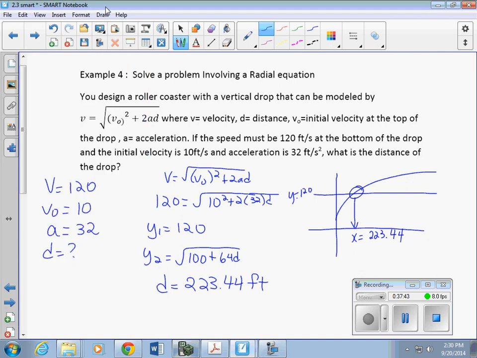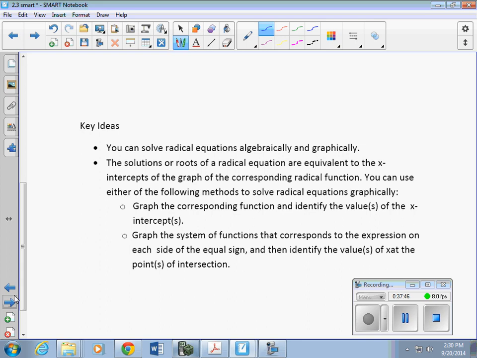Okay, so it says you can solve radical equations either algebraically or graphically. The solutions or roots or zeros of a radical equation are equivalent to the x-intercepts on the graphs of those functions that you're looking at. You can either use the graphing method to solve, so you graph the corresponding functions and identify the values of the x-intercepts, or you can graph the systems of the functions that correspond to the expression on each side.